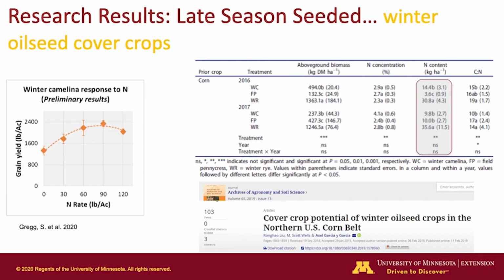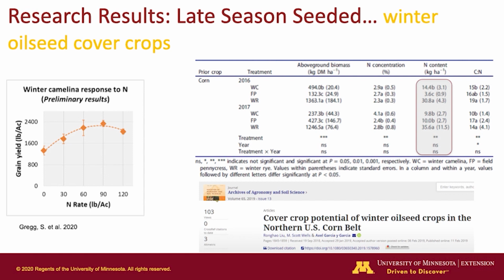You guys see that in the first year in 2016 on corn, this is just for corn, I took off the soybean part. So the nitrogen that was used by those cover crops was very little. We are talking no more than 31 kilograms per hectare, which is around 30 pounds per acre, just to make it easier. Okay?